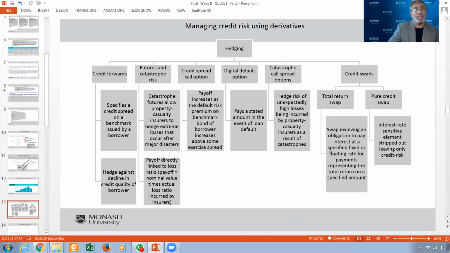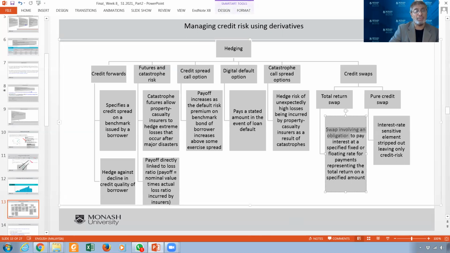And then we have the credit swaps. Credit swaps, actually, this is the credit default swaps we had during the financial crisis. So the swap involves an obligation to pay interest at a specific fixed or floating rate for payments representing the total return on a specific amount. I will show you how it works now.